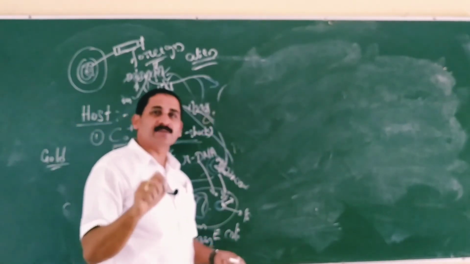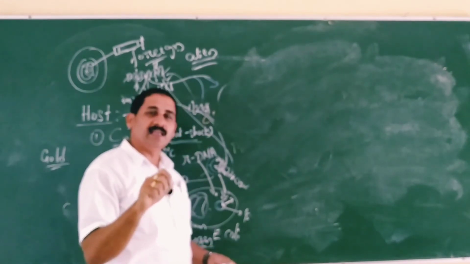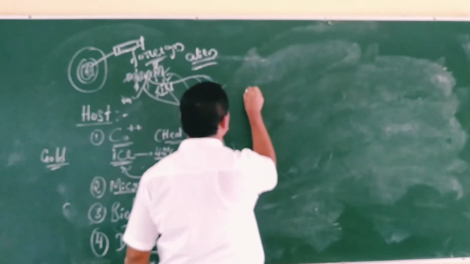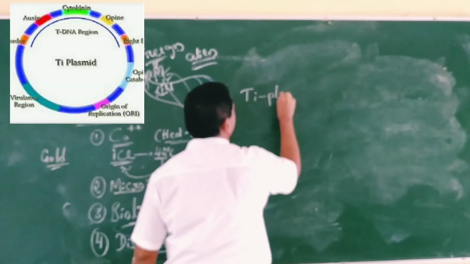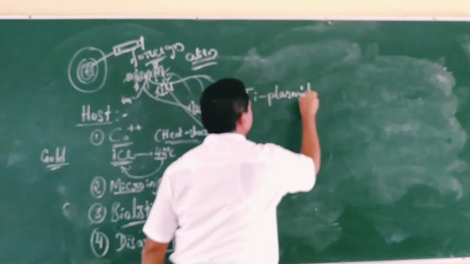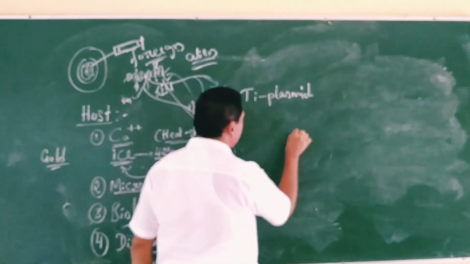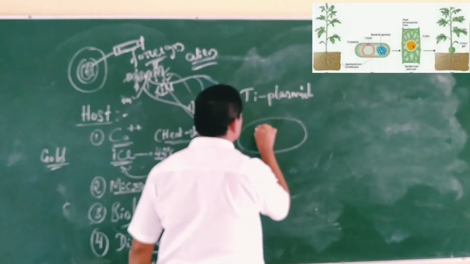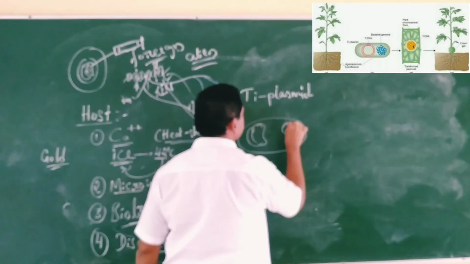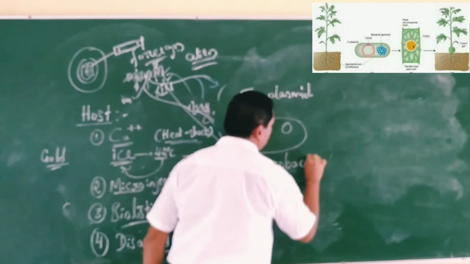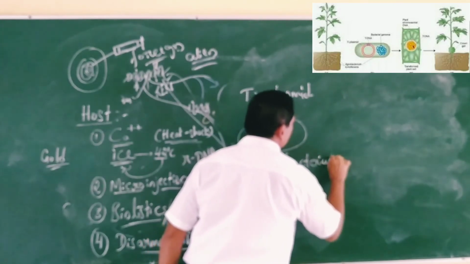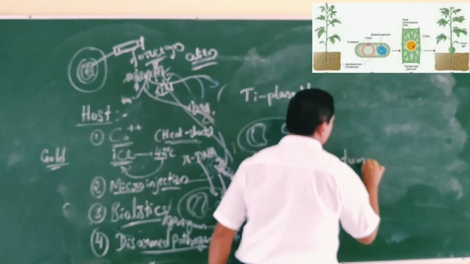A type of plasmid used in plants is the tumor-inducing plasmid, commonly called TI plasmid. This is the plasmid present in a plant pathogen called Agrobacterium tumefaciens.